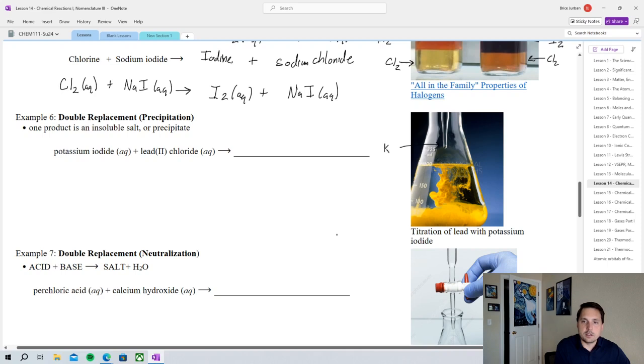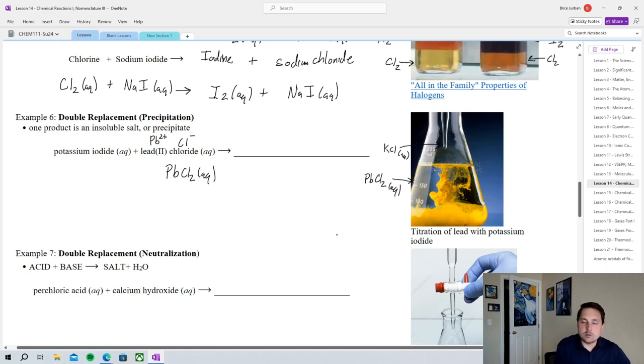But it's being titrated into a solution of lead 2 chloride. Lead 2 chloride has the formula PbCl2 because lead is Pb2+ and chloride is Cl-. So we're going to get PbCl2 as our formula.